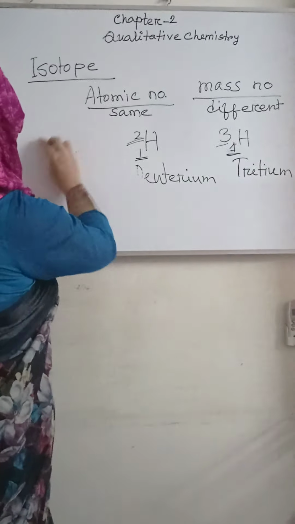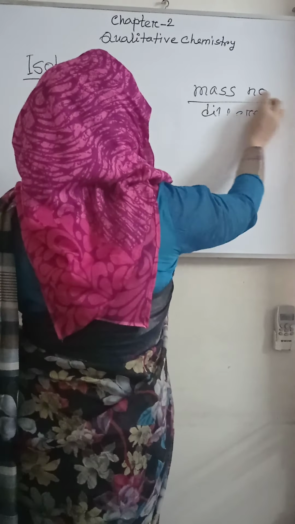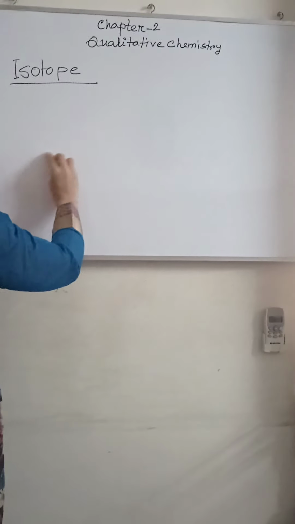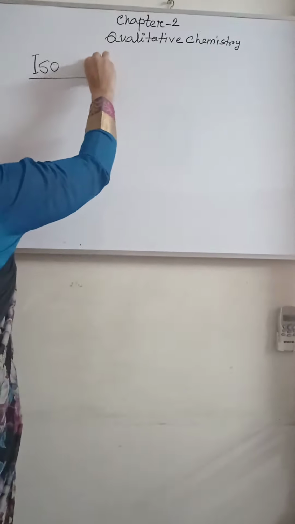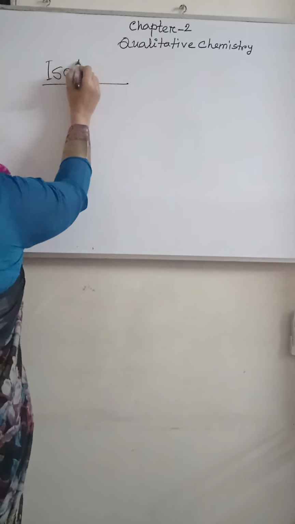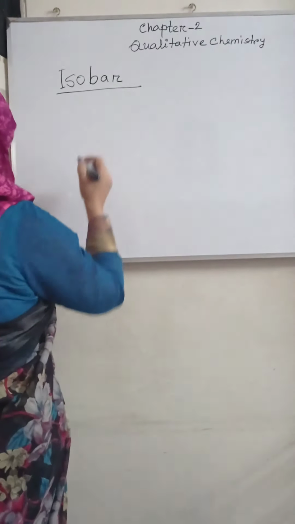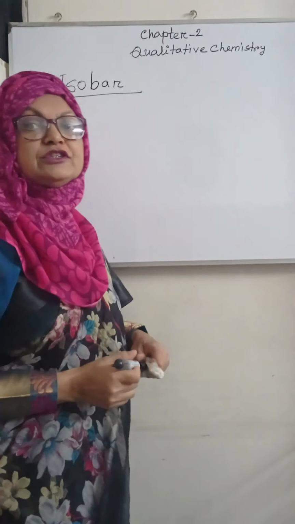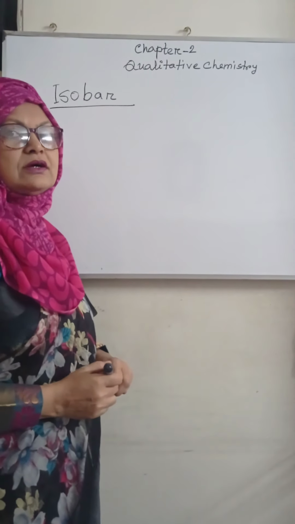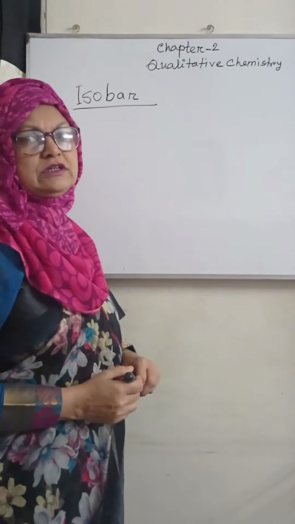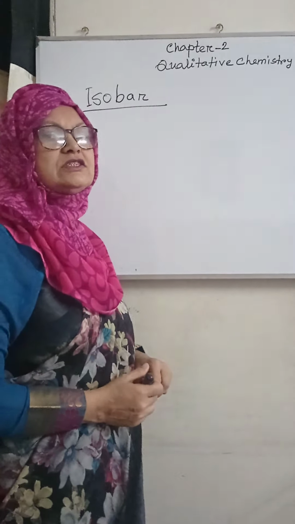Again, our next topic is isobar. Isobars are atoms of different elements which have the same mass number but different atomic number, called isobars of each other.